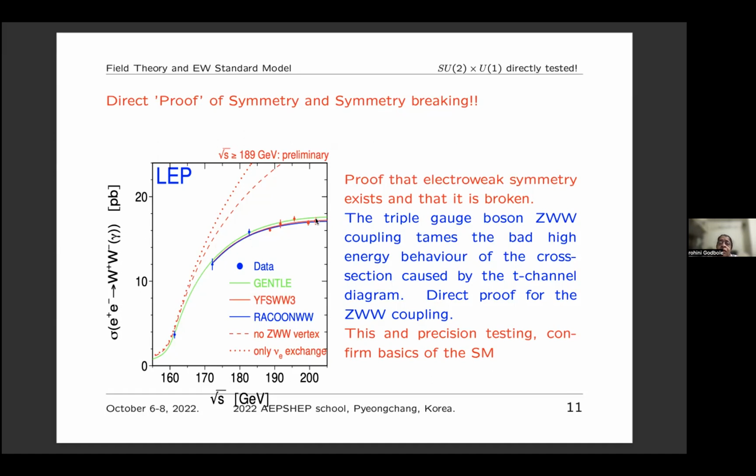So you say, aha, standard model is confirmed. But what is the special feature of this confirmation? Because believe me, this slide is absolutely one of the first direct establishments of the ZWW coupling. And as you see here, this dashed line is if you include only the t-channel neutrino exchange diagram, and the cross section continues to rise here.